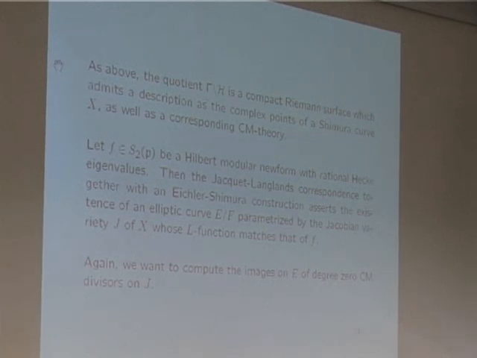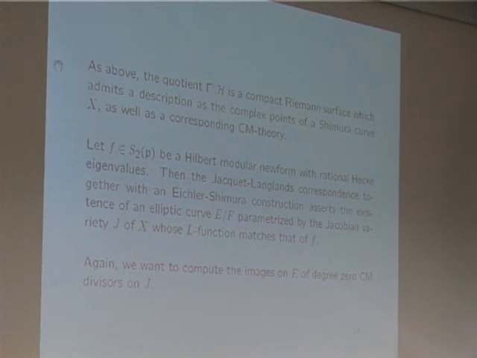Then in this case, an appropriate version of the Jacquet-Langlands correspondence and an appropriate version of the Eichler-Shimura construction assert the existence of an elliptic curve E over the real quadratic field F parameterized by the Jacobian variety J of this Shimura curve X, corresponding to this order in a real quadratic field.